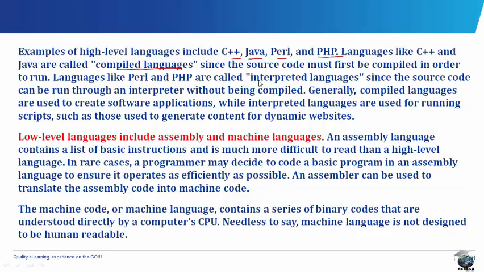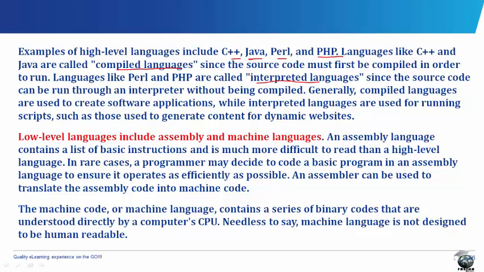Languages like Perl and PHP are called interpreted languages, since the source code can be run through an interpreter without being compiled. Generally, compiled languages are used to create software applications, while interpreted languages are used for running scripts, such as those that are used to generate content for dynamic websites.